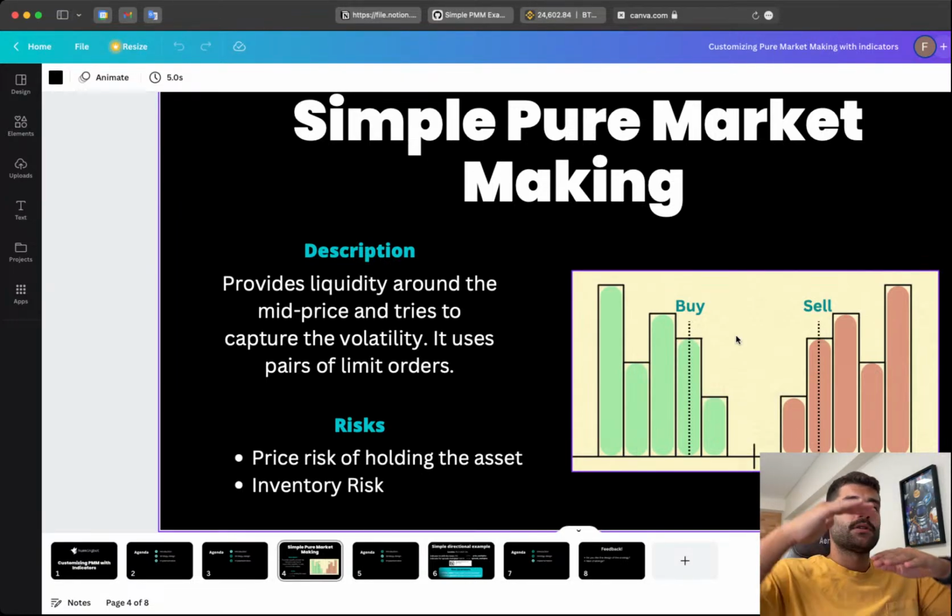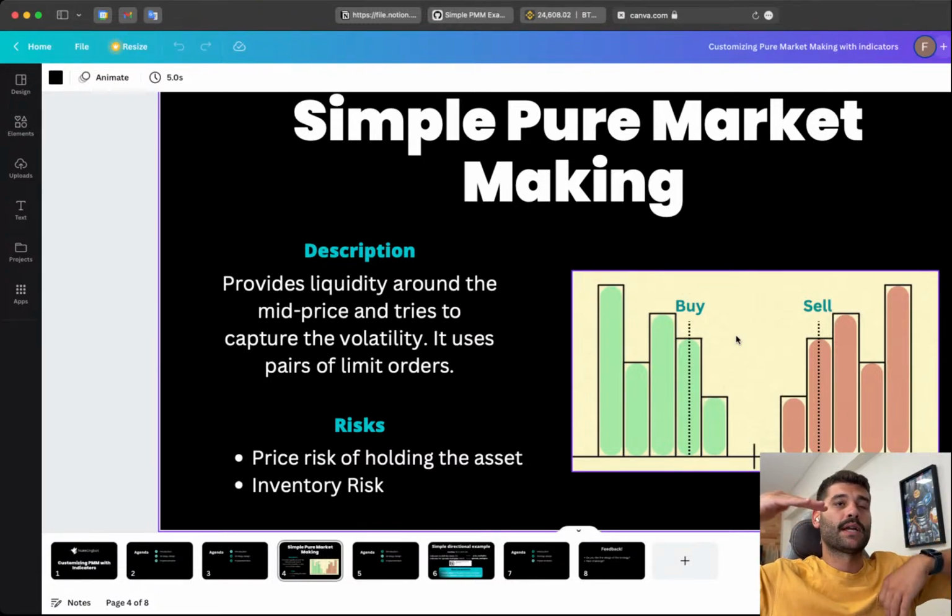Why? Because if you have two orders and in an uptrend, always your sell order gets executed, you will have all the quote, your inventory will be much more shifted to base asset. So you're going to sell the asset when the price goes up and then buy the asset when the price goes down. That means that you're going to sell low and then buy high.